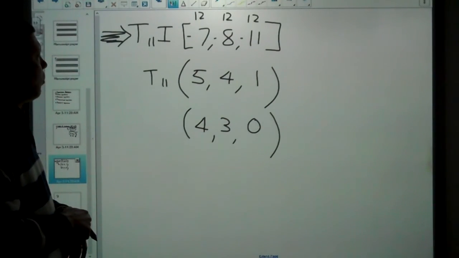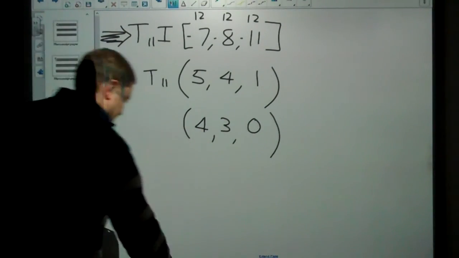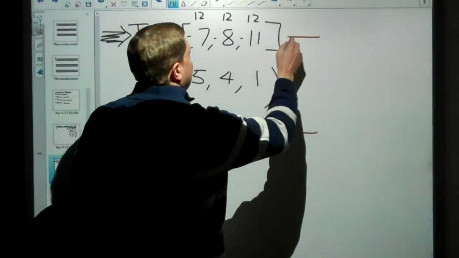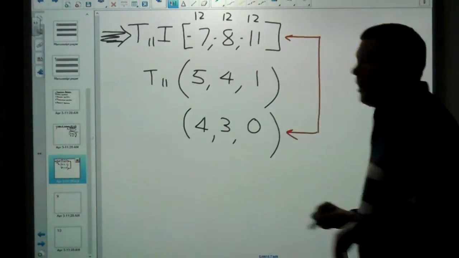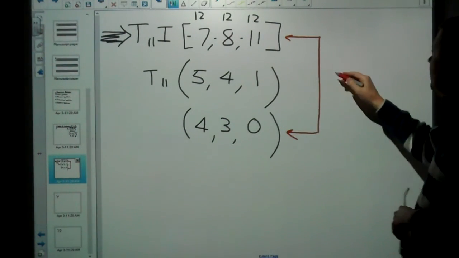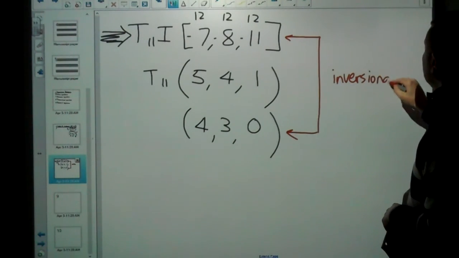What this allows us to say is that these two sets, 4, 3, 0 and 7, 8, 11, are considered to be inversionally equivalent in atonal music.